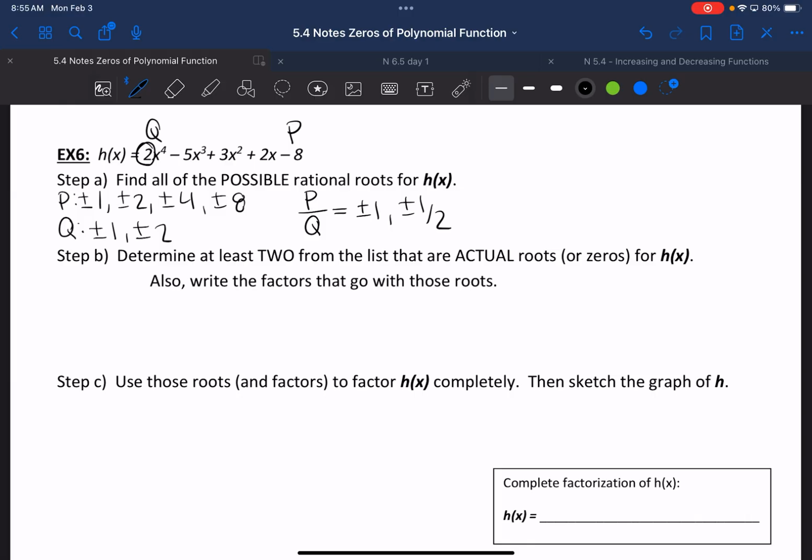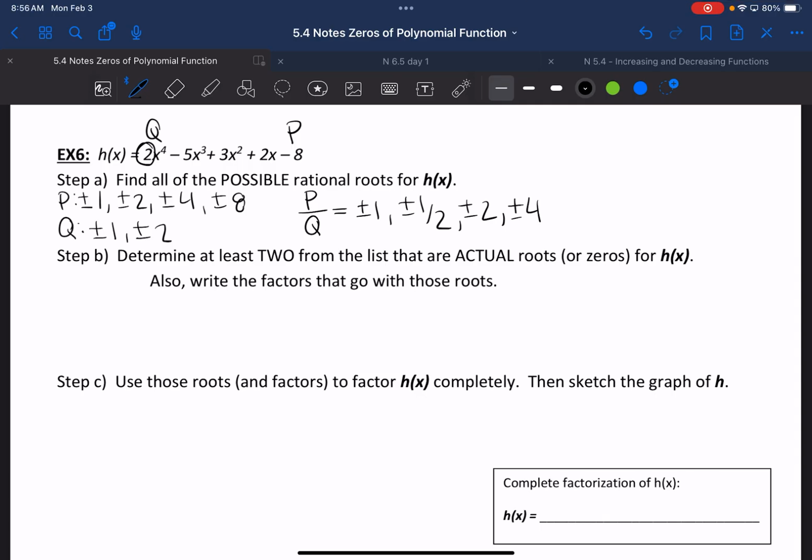My next option for P is the plus minus 2. So I could do plus minus 2 over 1. 2 over 1 is really just 2. So I'd do plus minus 2. All right, and then I could do plus minus 2 over plus minus 2, but 2 over 2 simplifies to 1, which we already included, right? So that's not a new combination, okay? So now we've used that for P. Let's try the 4. So 4 over 1 would just be 4, right?